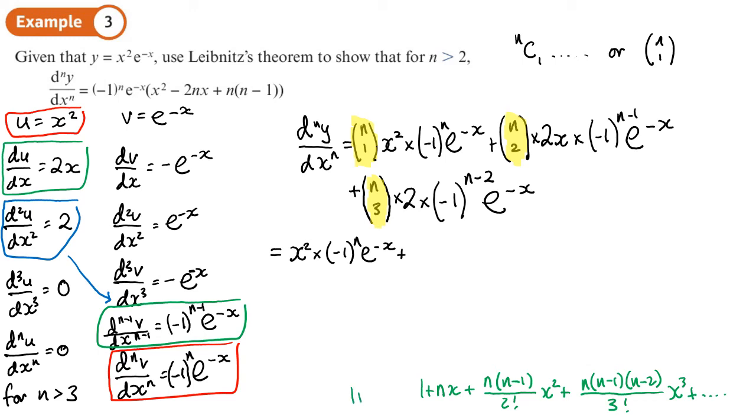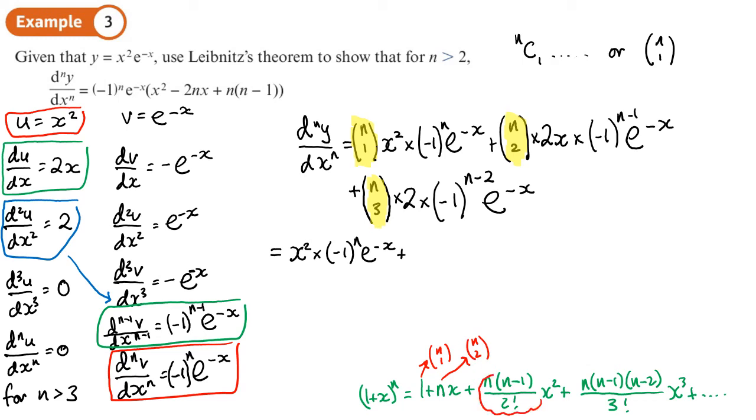So this came from expanding this, (1 + x) to the n, and this matches up with the nC1. This is basically nC2.